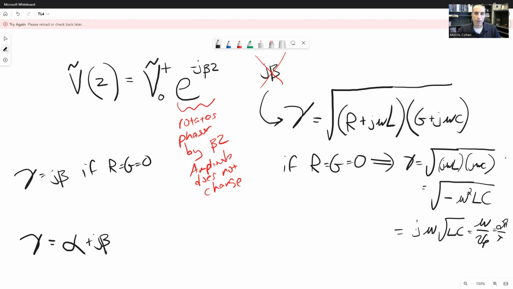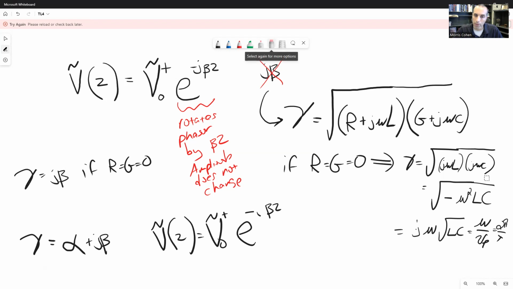All right, so now let's recast this wave propagation in those terms. So V as a function of Z will equal V0 as a phasor positive times e to the minus J beta Z, that was the original. Now we're replacing J beta with this more generalized quantity called gamma. So I'm going to erase the J beta right here and just replace it with gamma.